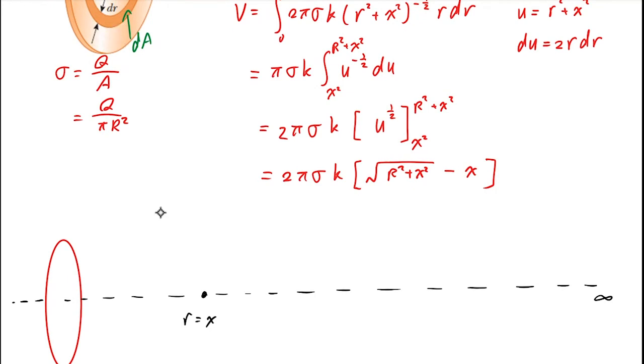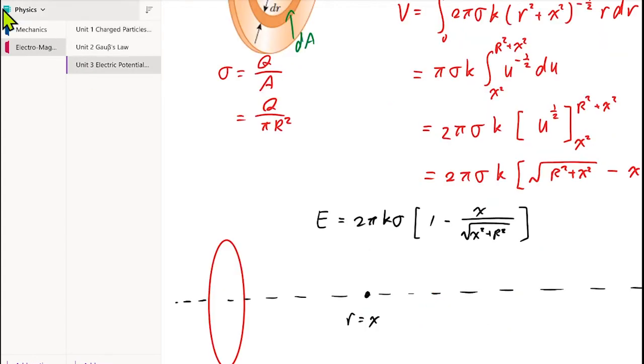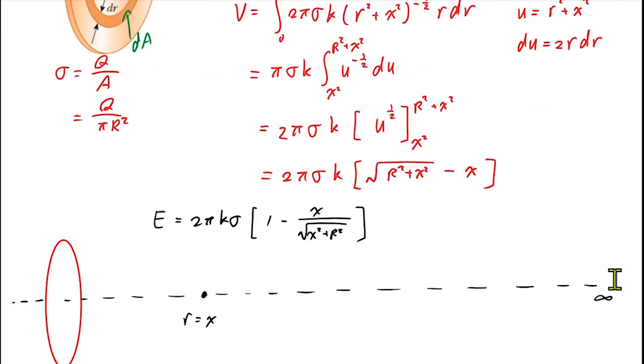Okay, so electric field magnitude happens to be 2 pi k sigma, and then, what was it? 1 minus x over square root of x squared plus r squared, like that, from last time, just to make sure, right? 2 pi k sigma 1 minus x, yeah. So that's the correct expression. Good. Now we can integrate this from infinity to here.